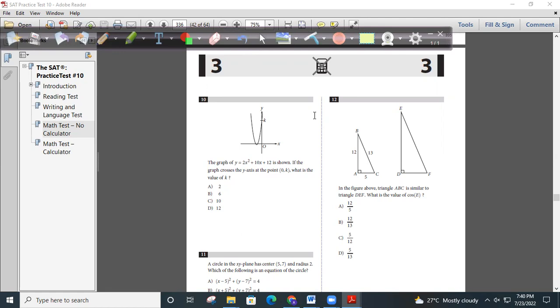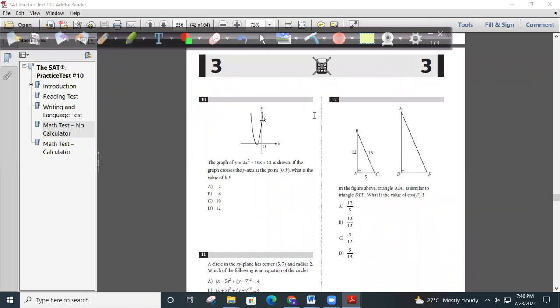In the figure above, triangle ABC is similar to triangle DEF. We are going to discuss similarity and congruence in the next few minutes. What is the value of cosine of E?